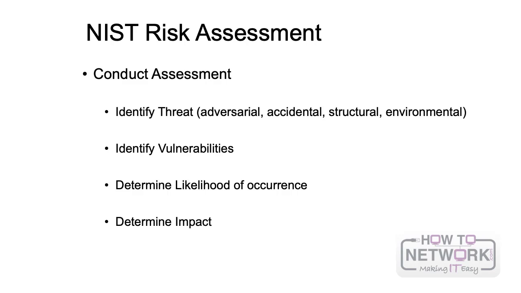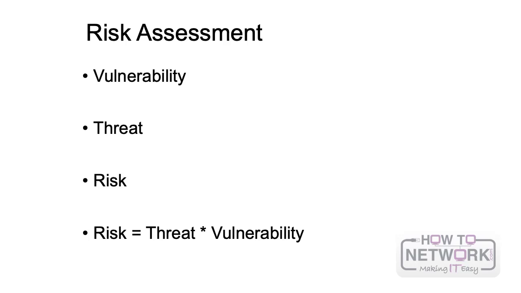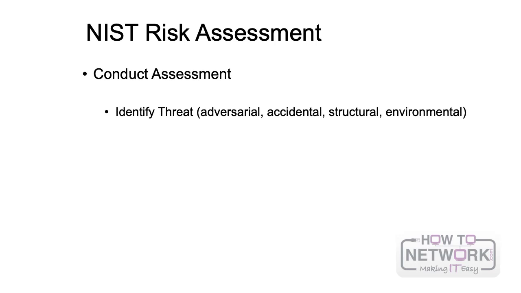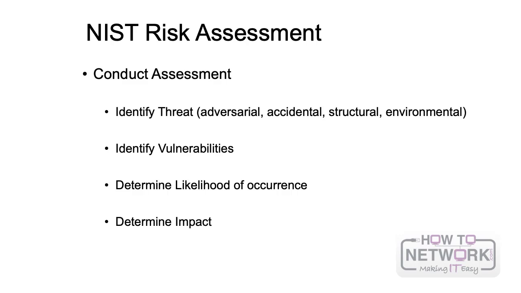Combining threat and vulnerability, just as we saw over here, would give us the risk, right? But there is no measurement. In order to be able to measure that risk, we have to determine the likelihood of occurrence of the threat and determine the impact of that vulnerability.